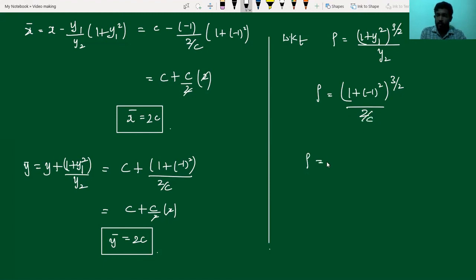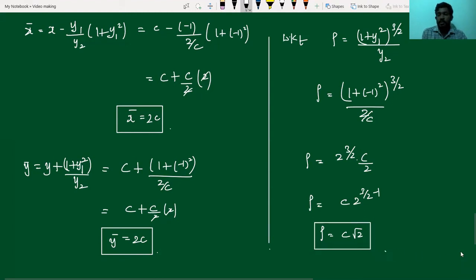So we get rho is equal to 1 plus 1 is 2 to the power 3 by 2 into 2 by c. Taking it to the numerator, it becomes c by 2. By the law of indices, 2 power 1 becomes 2 power minus 1 in the numerator. This rho is equal to c times 2 power 3 by 2 minus 1. So rho is equal to c times root 2.